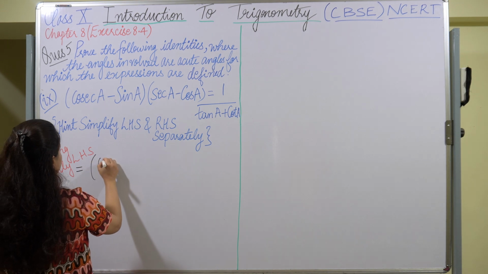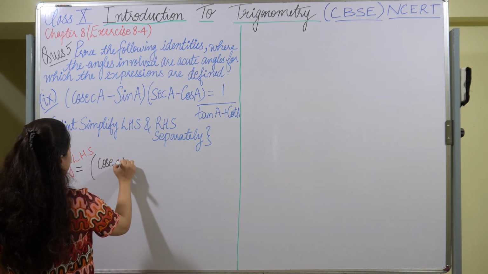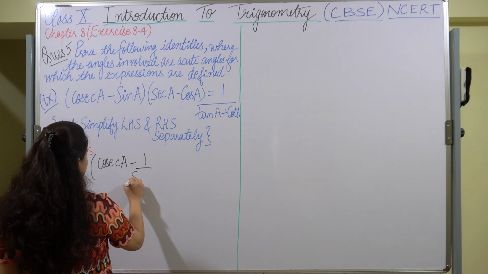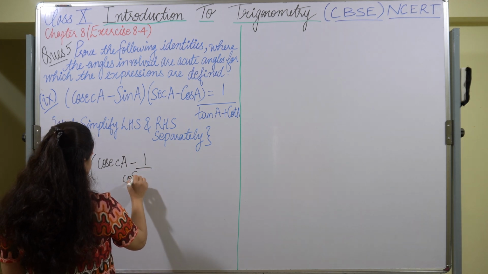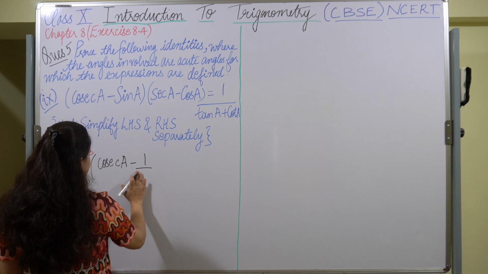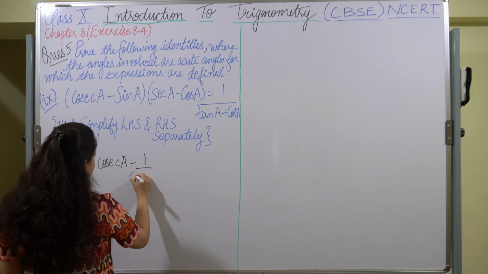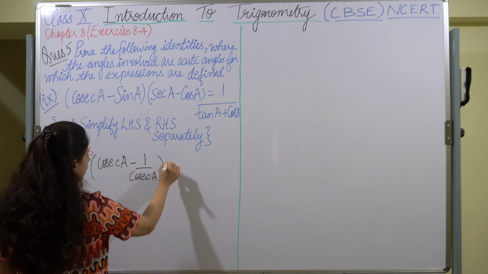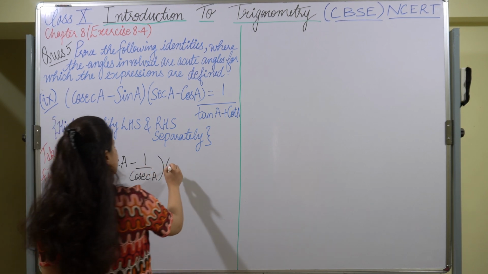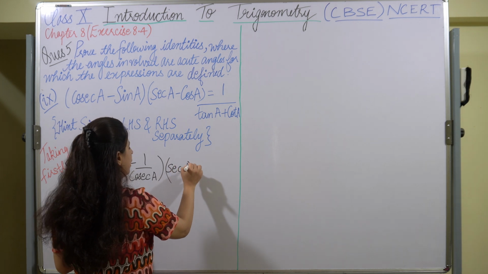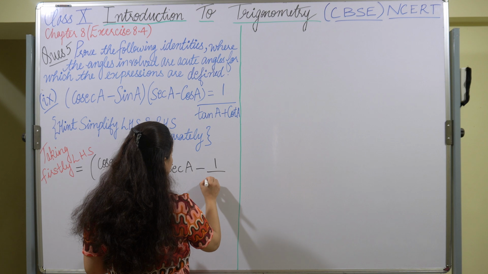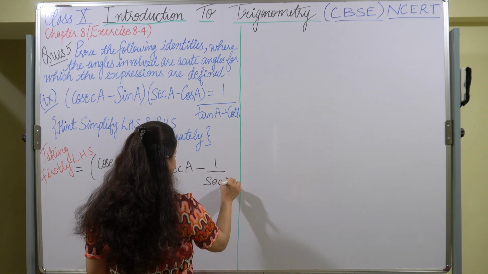So here I'll be getting cosec A minus 1 upon cosec A. Similarly, sec A I already have, and cos A can be written as 1 upon sec A.